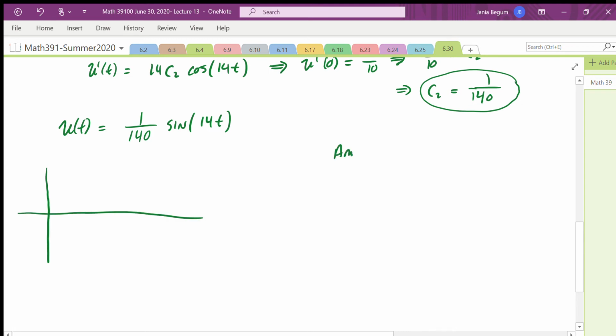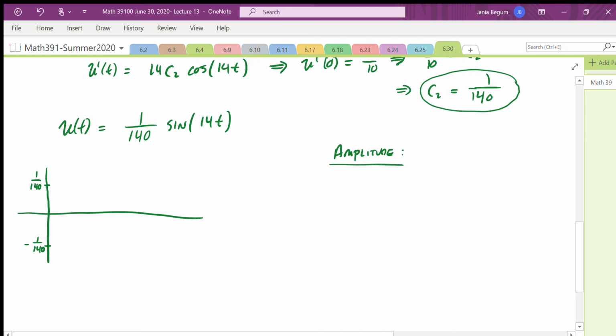Here's something we should recall. What's an amplitude? Do you guys remember? The amplitude is like the peak, or the height of this graph. In this case, the amplitude is 1 over 140, so the graph goes between 1 over 140 and negative 1 over 140.